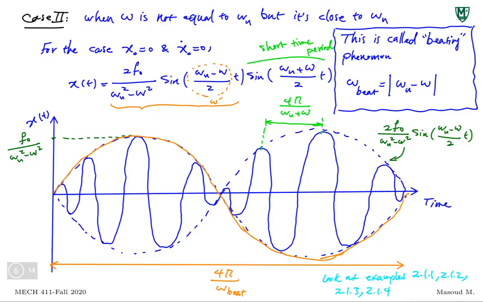What happens if omega and omega n are the same? Resonance happens, so physically we have to be very cautious about that. If they're close, beating happens, right? Just keep in mind that you use math to solve the equation of motion and get the system response. So from there you can get insights.